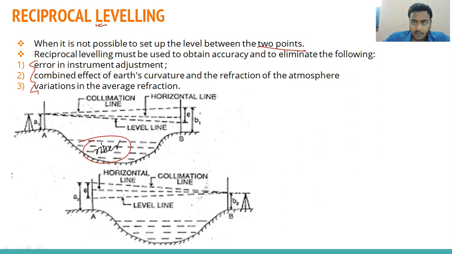So just come to the first figure. We keep the leveling instrument at this point, at A position. On the A side, we kept the leveling instrument here. This is the leveling instrument, and this is the leveling staff. This is also a leveling staff.